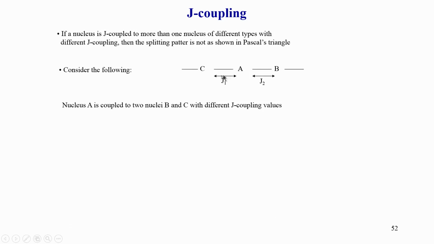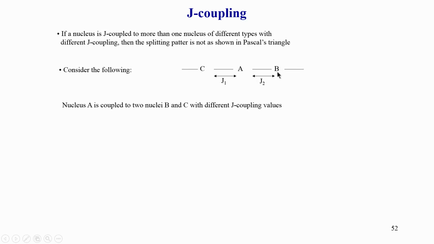Now, what happens to the coupling if we have, let us say, protons? So, this is one hydrogen A, and this is another hydrogen B. Remember, this is just a schematic drawing, do not think of it as a bond; it is actually a CH, let us say, and there is another CH here, another CH here. The CH hydrogen in the center is coupled to two protons, one on this side and one on that side.